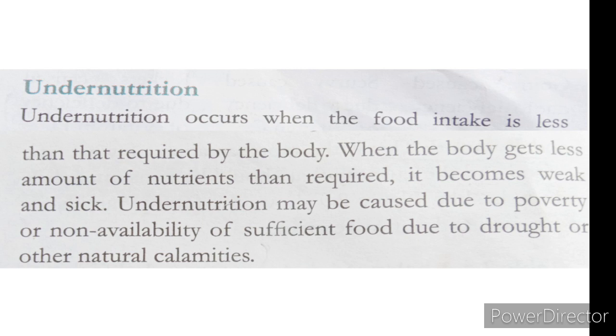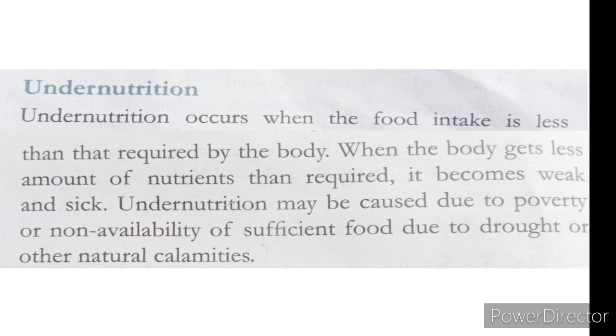When the body gets a lesser amount of nutrients than required, it becomes weak and sick. You also know, if you do not take nutritious food, then you also feel weak.